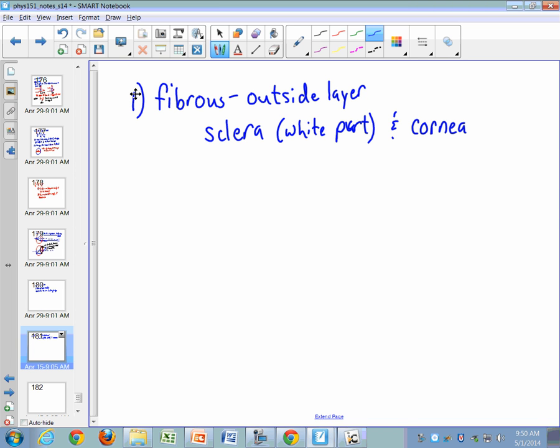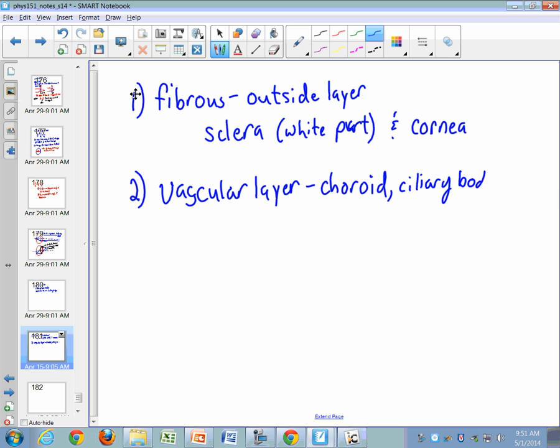And then the second layer, you have the vascular layer. This consists of the choroid, the ciliary body, and the iris. The choroid contains blood vessels.